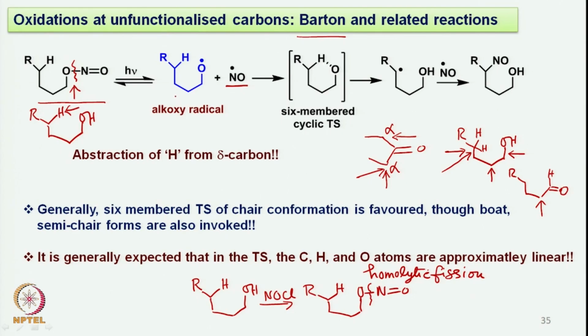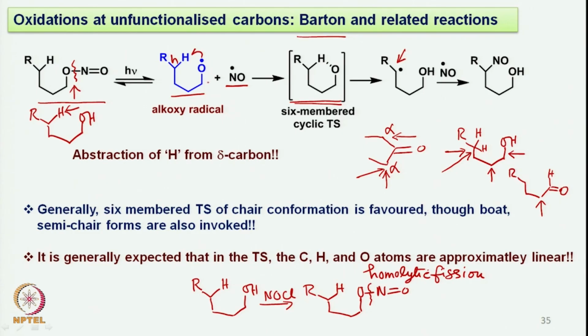This alkoxy radical then takes up the hydrogen from here via this 6 member cyclic transition state, and generates a radical at a very remote position, which is the delta position.